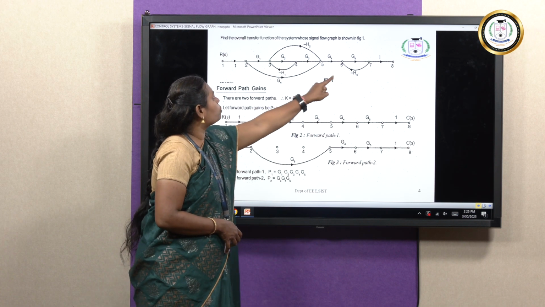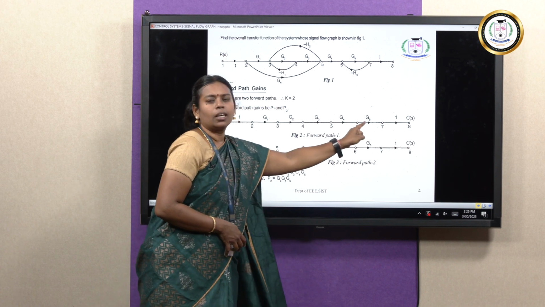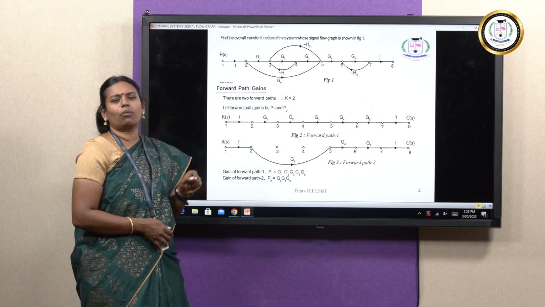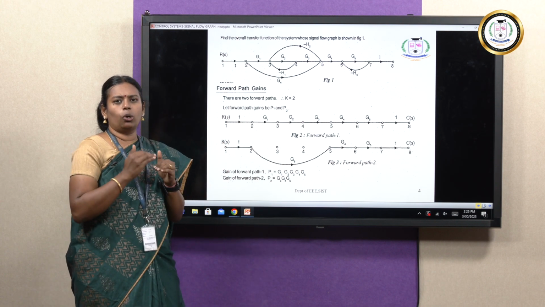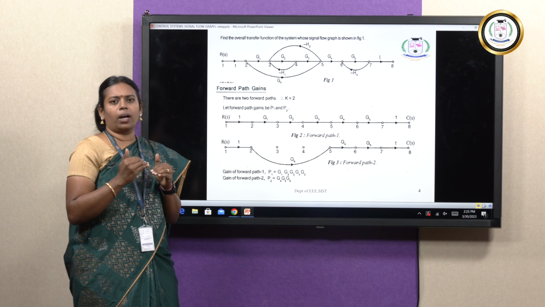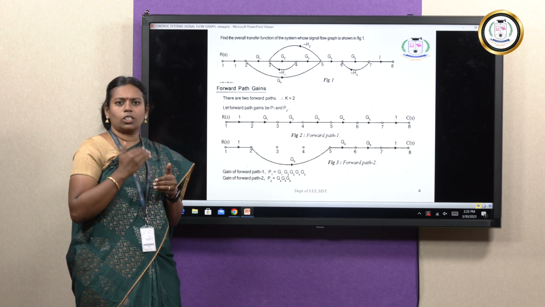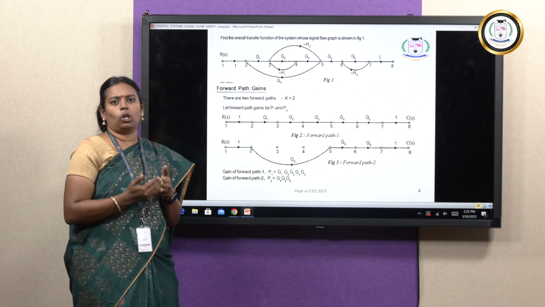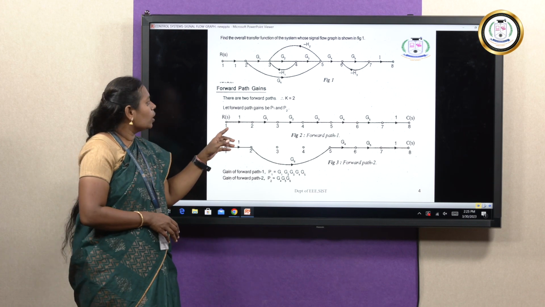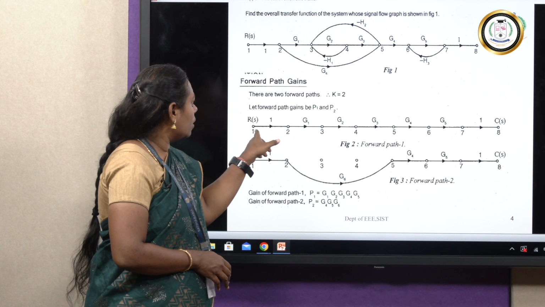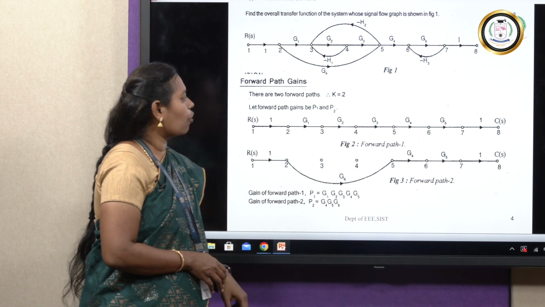So, all the loops are touching this forward path, so we have to consider our del 1 value as 1. When all the loops are touching your forward path, you have to consider the value as 1. Suppose the loops are not touching the forward path, you have to take the loop gain. So, del 1 value will be equal to 1 by considering your first forward path.